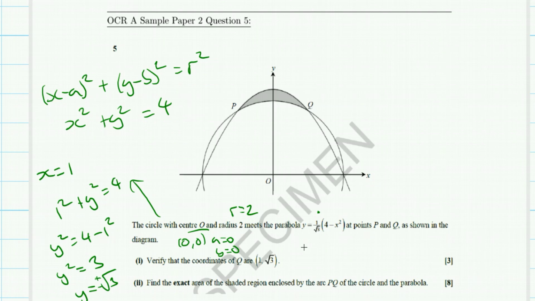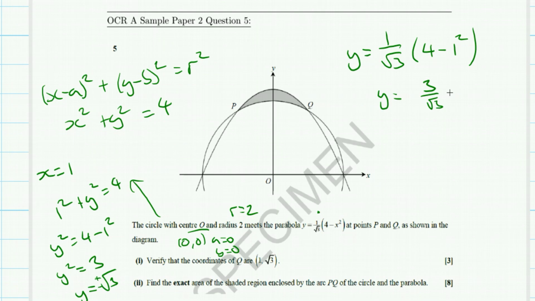And then the next thing is to test your parabola. So y is equal to 1 over root 3, 4 minus x squared, when x is equal to 1.